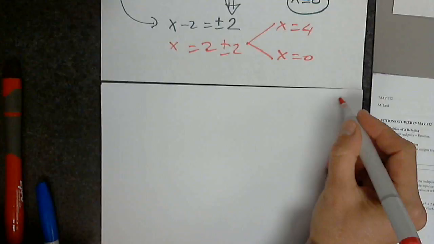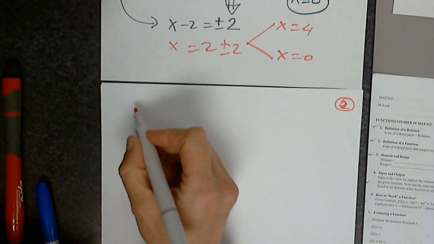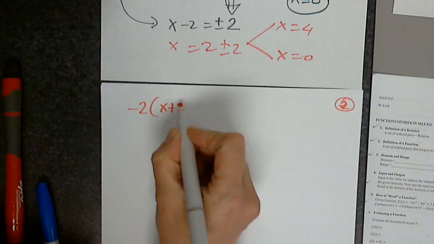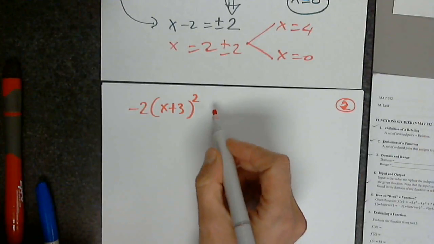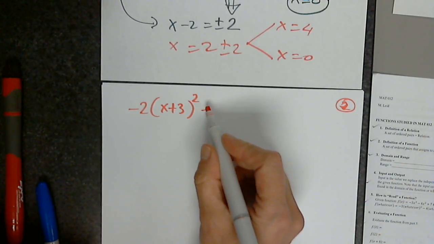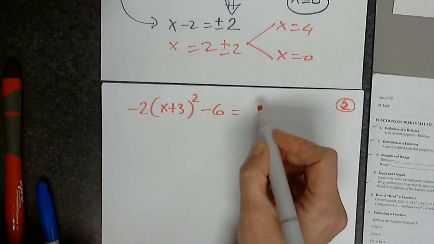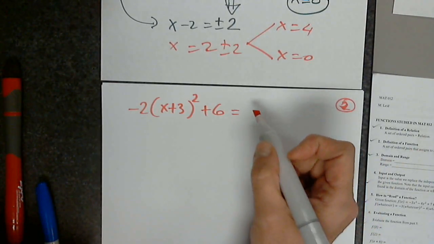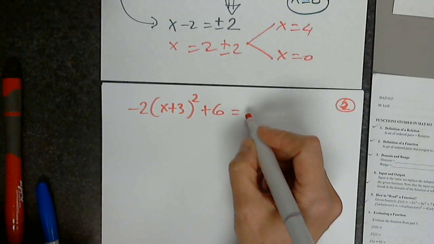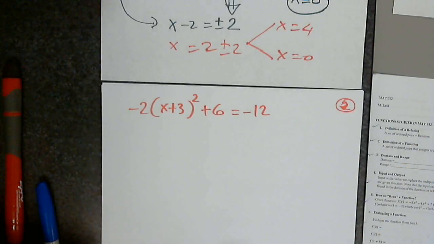Let's say negative 2 times (x plus 3) squared plus 6 equals negative 12.